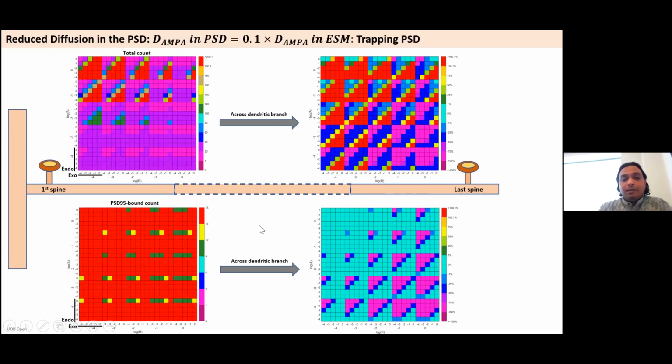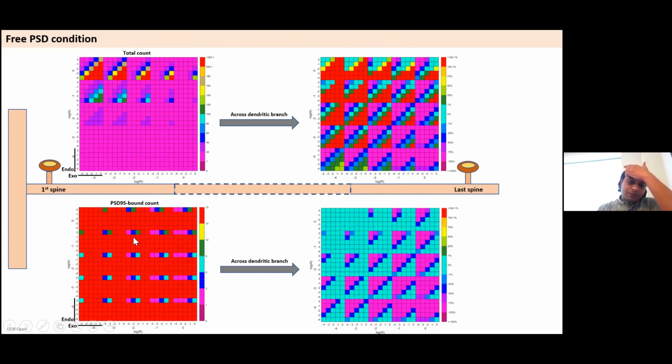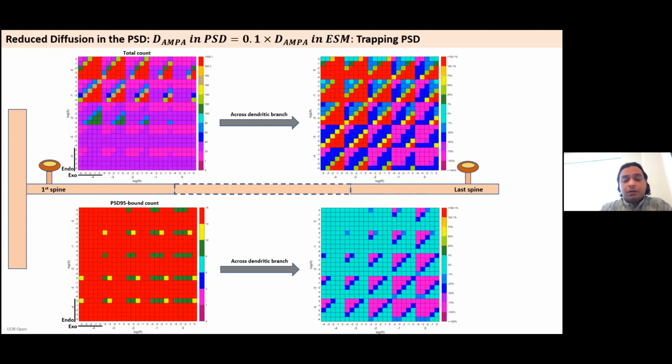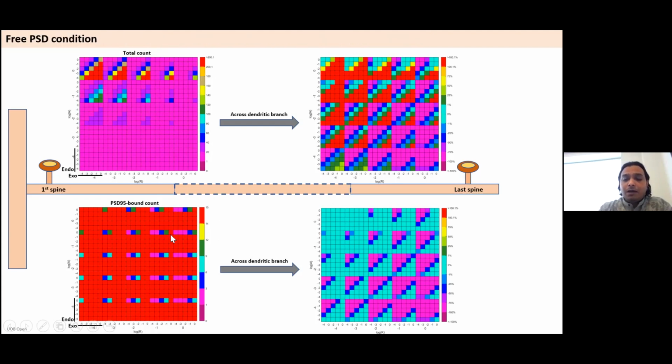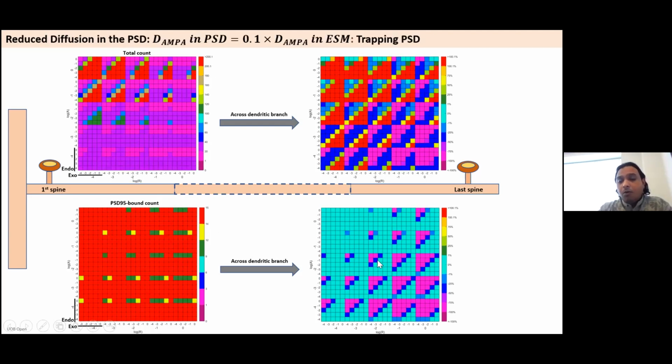Now, when we apply the reduced diffusion in the PSD, the trapping PSD, we observed a very different scenario where the free counts also increased significantly in the spine, for more and more parameter combinations. Many of the parameter combinations which were leading to partially saturated PSD95 bound count have now become fully saturated, and the variation in the PSD95 bound count has also gone low for many more parameter combinations.